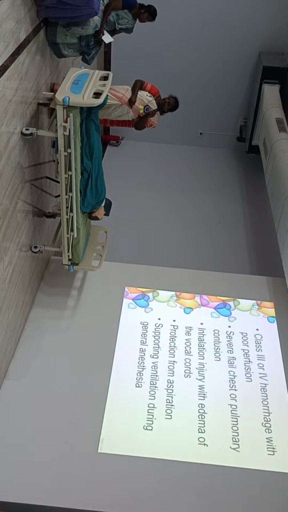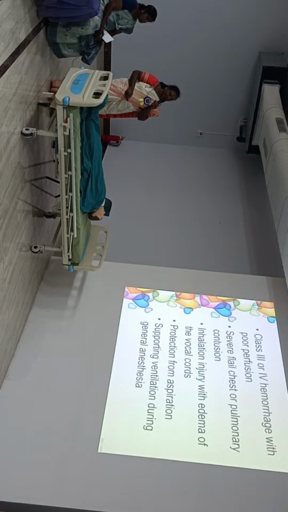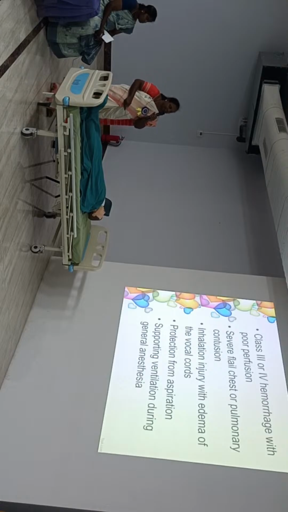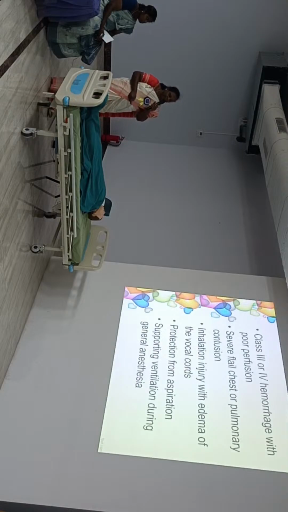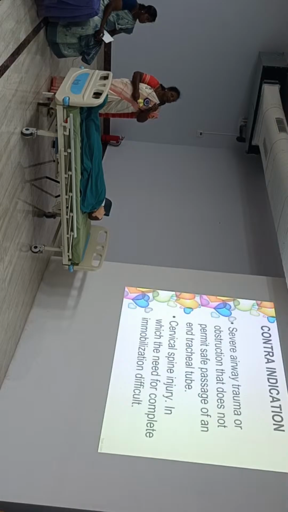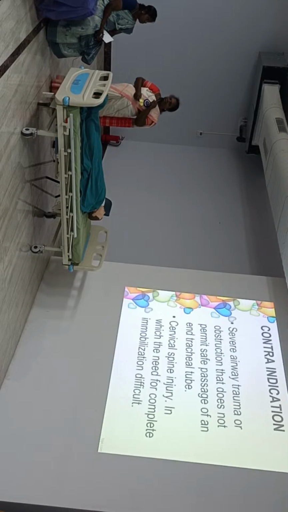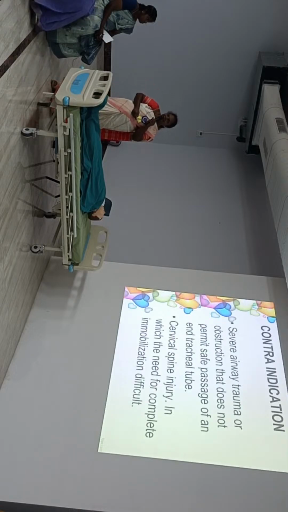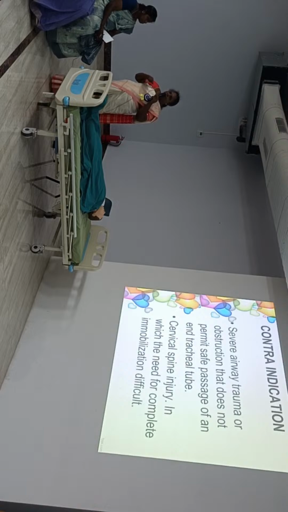Also class 3 and 4 hemorrhage with poor perfusion, severe flail chest or pulmonary contusions, inhalation injury with edema of the vocal cords, protection from aspiration, and supporting ventilation during general anesthesia. Contraindications include severe airway trauma and neurological deficit, already said, such as spinal cord injury.